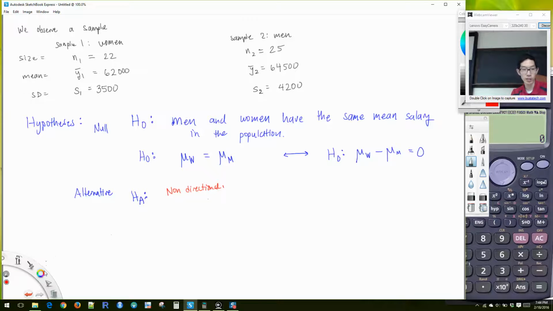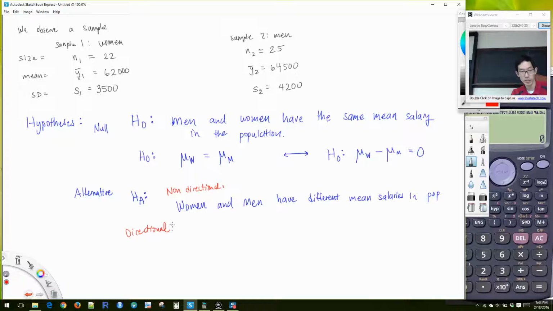And this is going to be something like women and men, or men and women, however you want to write it, have different mean salaries in the population. Okay? So that's the non-directional.